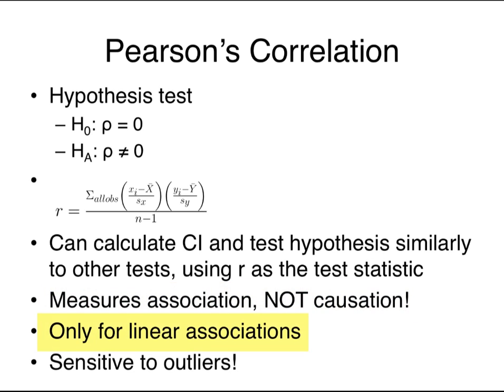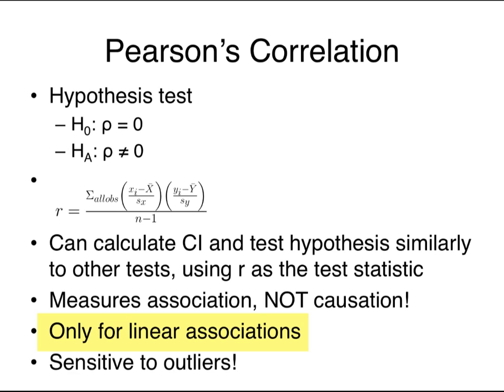An important thing to note about Pearson's correlation is that this is only used for linear associations, but it says nothing about nonlinear relationships. So for example, let's say we're interested in the association between age and illicit drug use. This would likely show that from birth to the early to mid-20s or so, illicit drug use would probably increase, but after that, then it would begin to decline and level off at older ages.